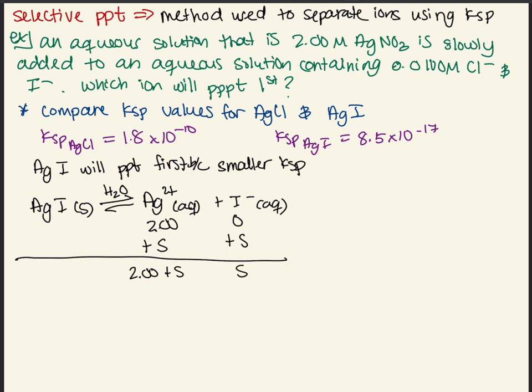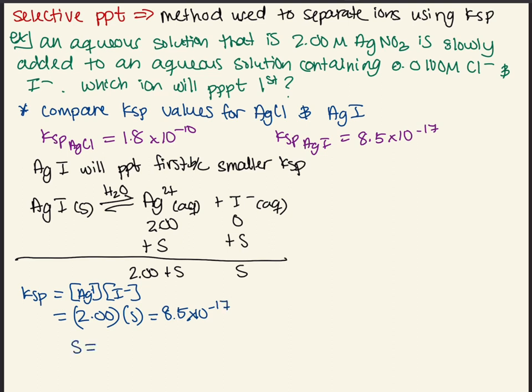So my equilibrium expression is going to be KSP is equal to the concentration of silver times the concentration of iodide. So this will be 2 times S. And that is going to be equal to 8.5 times 10 to the negative 17.